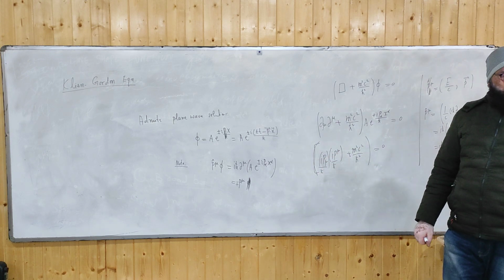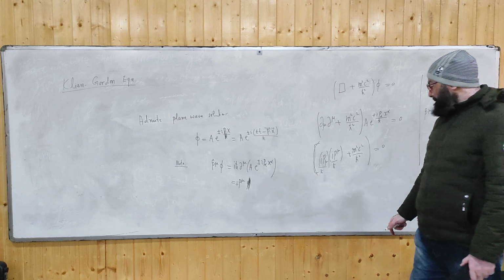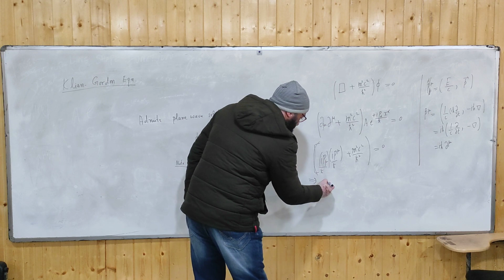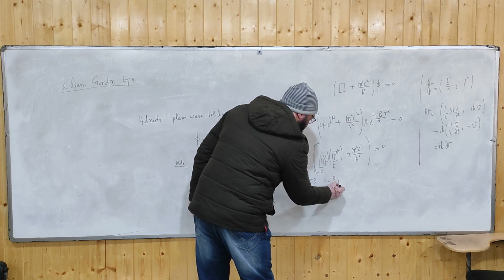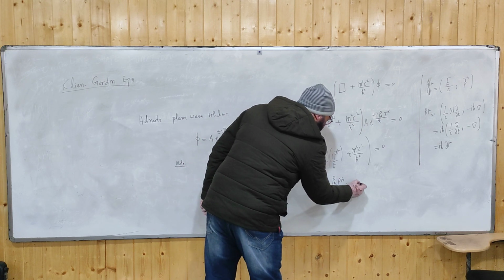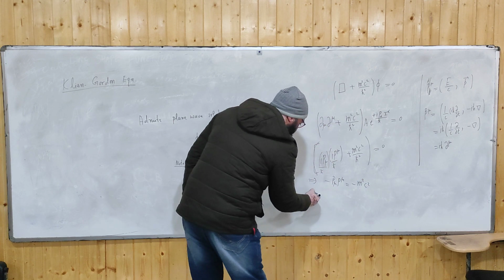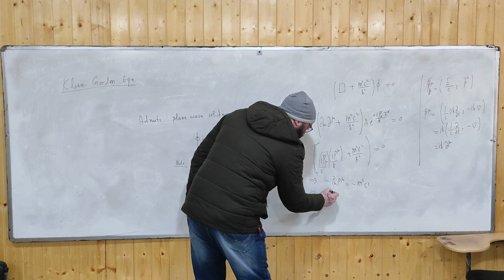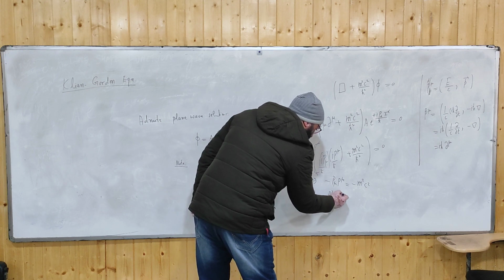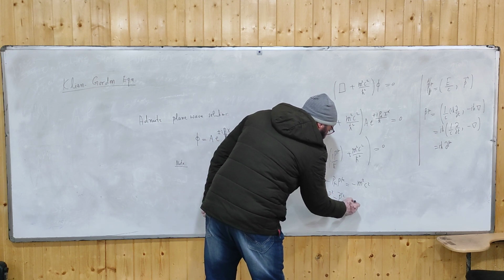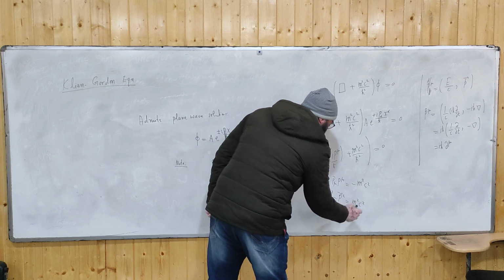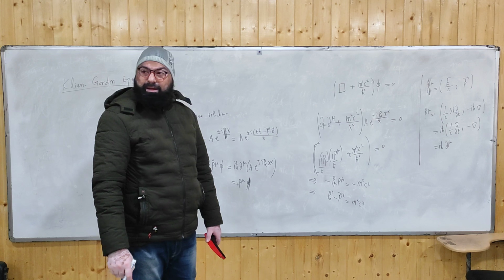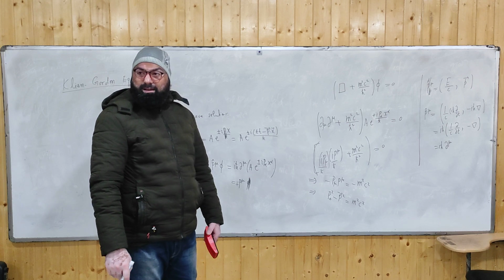So you get minus p mu p mu equals minus m squared c squared. That is, E squared by c squared minus vector p squared equals m squared c squared. Everybody followed it?